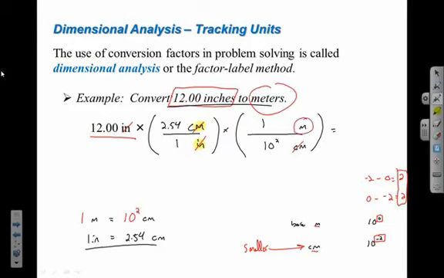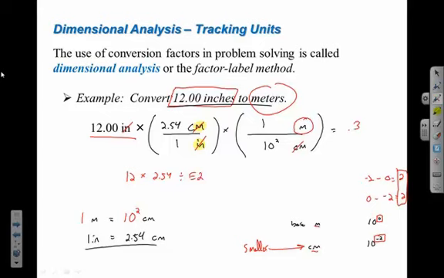It's the only one that's not canceled. So then I would just plug that into my calculator, 12 times 2.54 divided by 10 to the second. So what I would type in my calculator is 12 times 2.54 divided by E2.